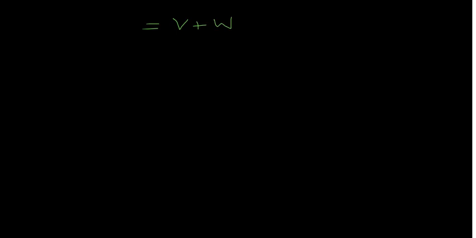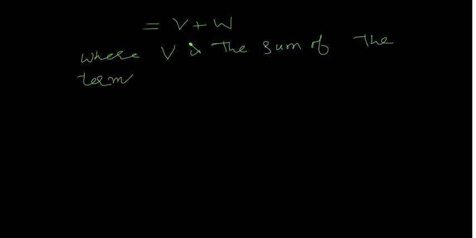This sum is equal to V plus W, where capital V is the sum of the terms. Obviously the terms of the sum are like this: (M_i minus m_i) into (x_i minus x_{i-1}).